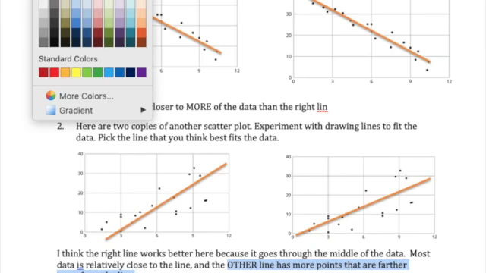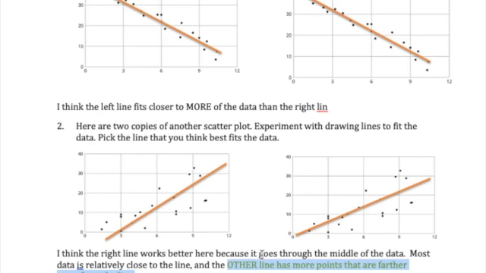So more points that are farther away from the line means that those predictions are not as good. This line is doing a worse job of predicting points because a lot of points are fairly far. Like there's a lot of points that are almost 10 away or more than 10 away.